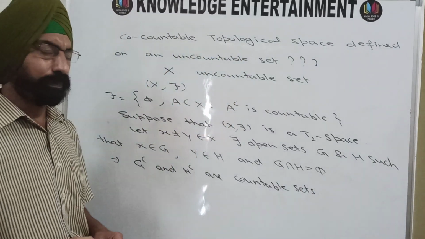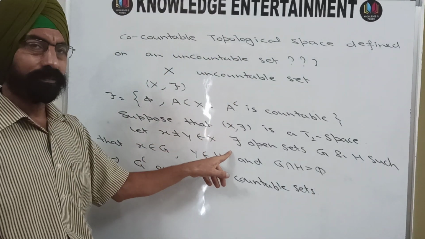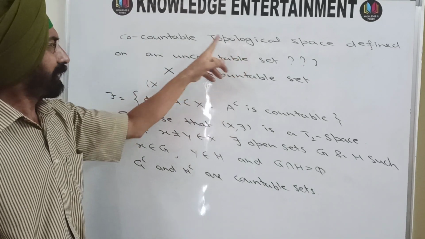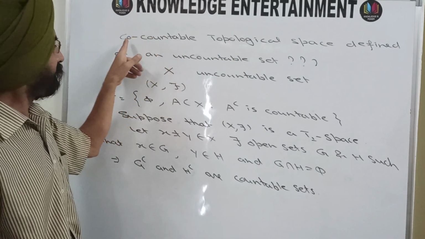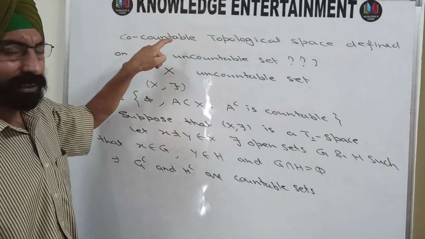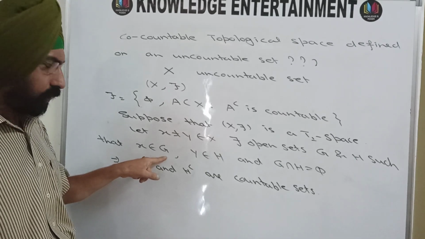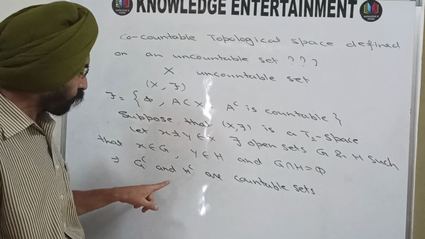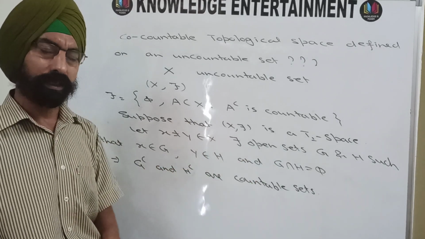Why? I repeat, because G is open, and in co-countable topological space, a set is open if and only if its complement is countable. So G is open, so G complement is countable. H is open, so H complement is countable.